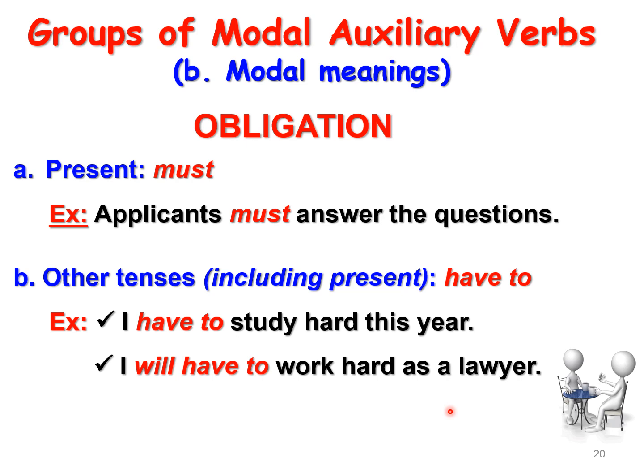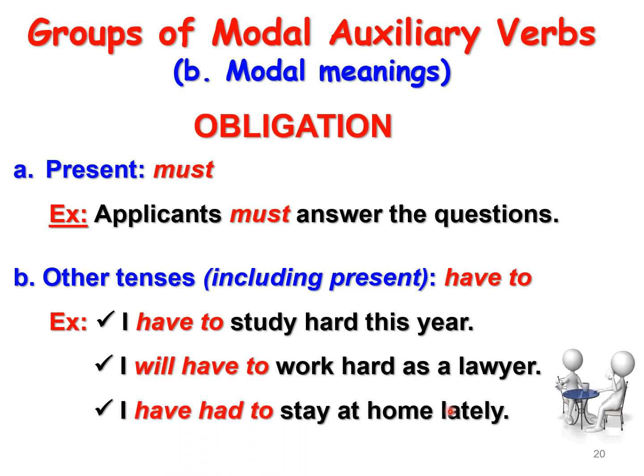For example, I have had to stay at home lately. We can say that is about your obligation. Currently, everyone has had to stay at home because of coronavirus. So that's one obligation.